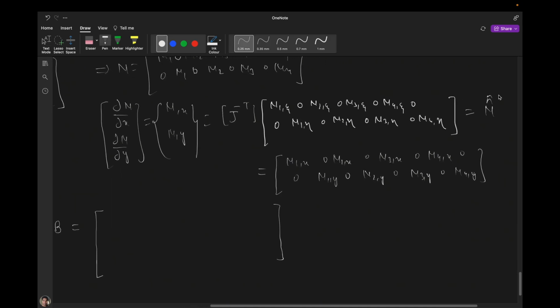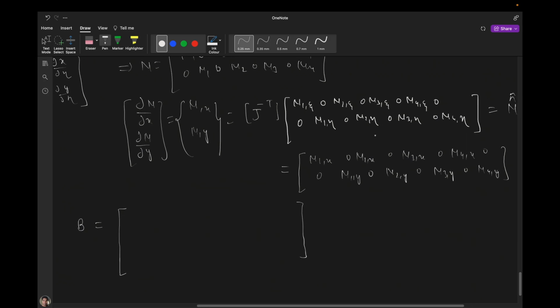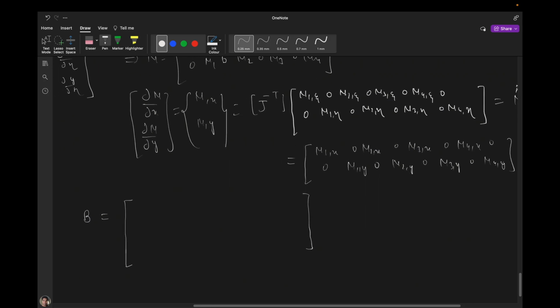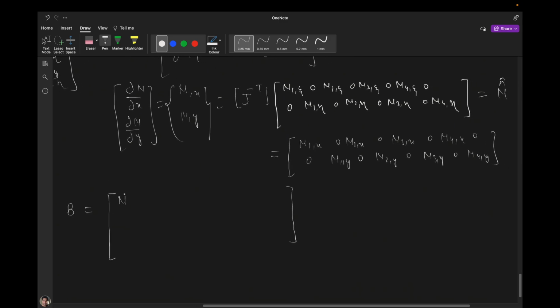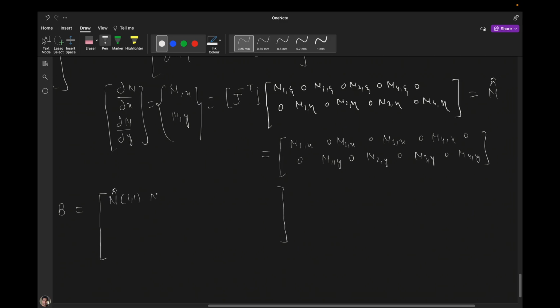the same thing. Now this will be a function of xi and eta. Then the index position of this I can write as N double hat 1 1, N double hat 1 2, N double hat 1 3, N double hat 1 4, and similarly it becomes N double hat 1 8.